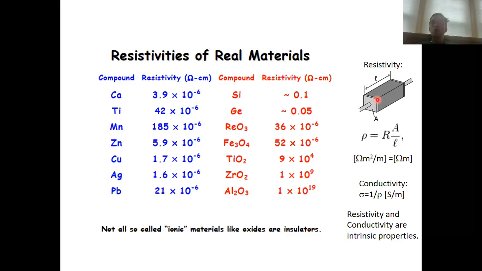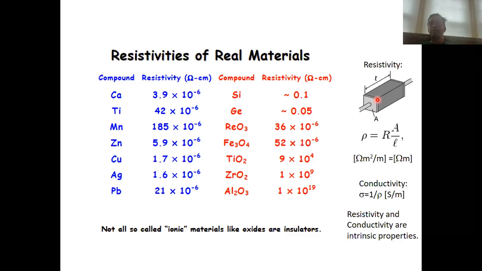So the longer I make my wire, the higher the resistance in ohms that I will measure. Therefore the resistivity associated with that resistance will be inversely proportional to the length of that resistor.